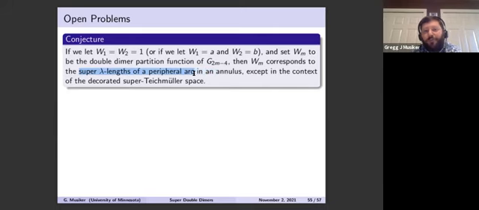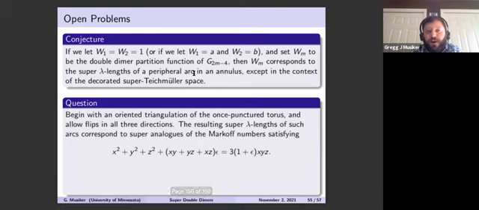We expect there are peripheral arcs in an annulus rather than the bridging arcs, but this would involve self-crossings. And it's unclear how to get that in the super Teichmuller space case, because we only have quadrilateral flips to work with.